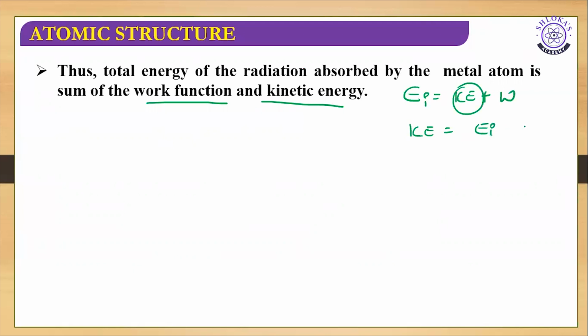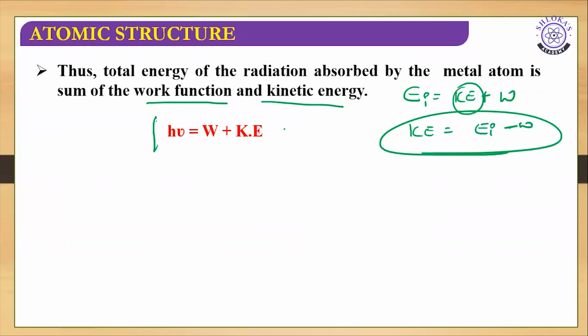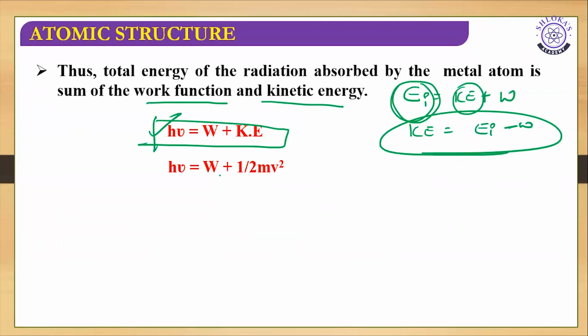Incident energy minus work function will give us the maximum kinetic energy of the electron. So this is a formula. According to Planck's quantum theory, instead of E, I can take h nu. That's why I have given h nu here. Don't be confused. h nu is equal to W plus half m v square. We know very well that kinetic energy is equal to half m v square. I have substituted the KE value here.